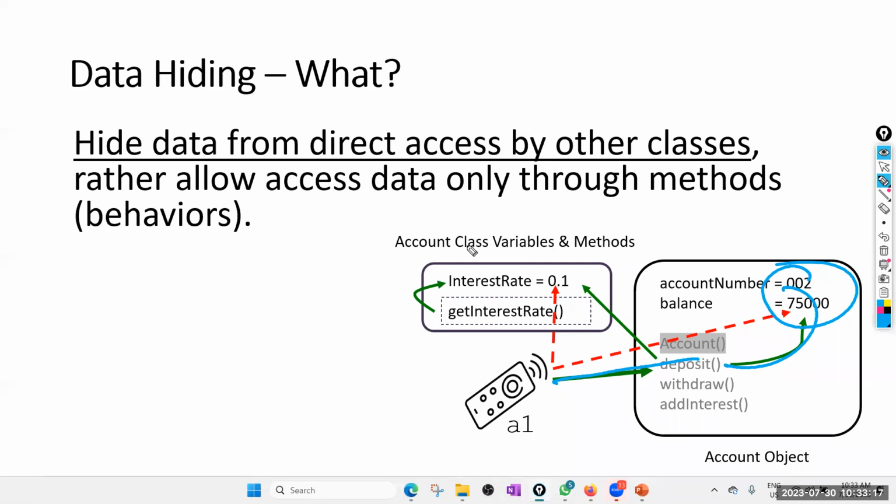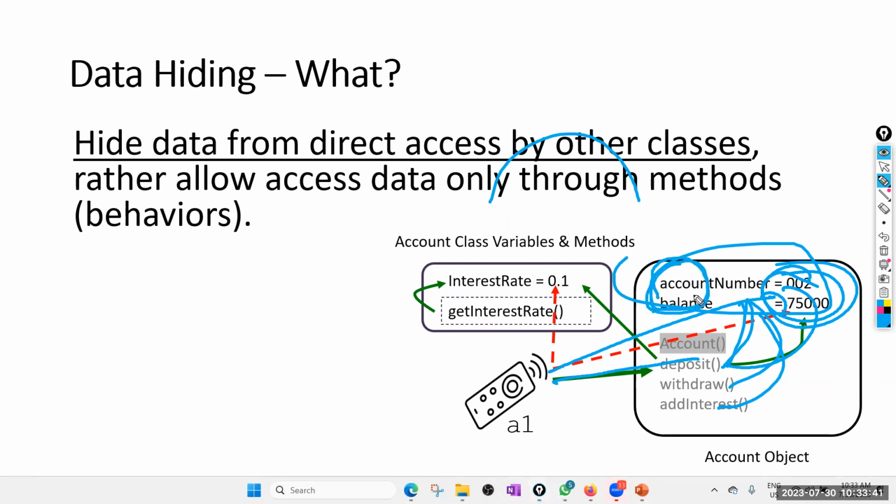If you directly access variables, it can lead to a lot of problems. That is called data hiding. How to do this? Make your variables private. When your variables are private, only your methods have access. Other classes cannot access them, because private means only that class has access.